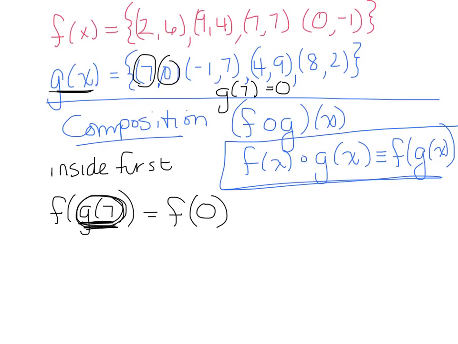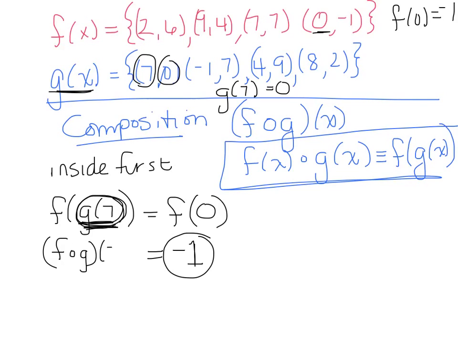So I found the result of the inside function, g, and now I'm going to use that as the input for the f function. What is f of 0? I'm going to go back up here, and f of 0 is equal to negative 1. So that becomes a negative 1, and that's my answer to the composite. This was f composite g of 7. That's just another way to write this.